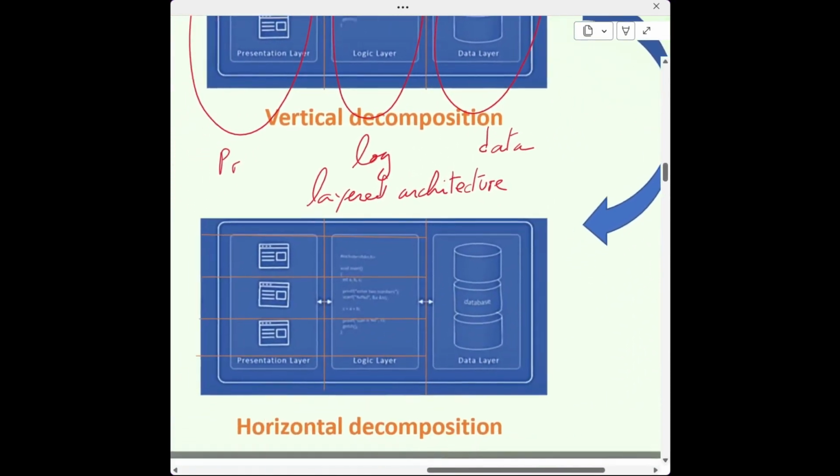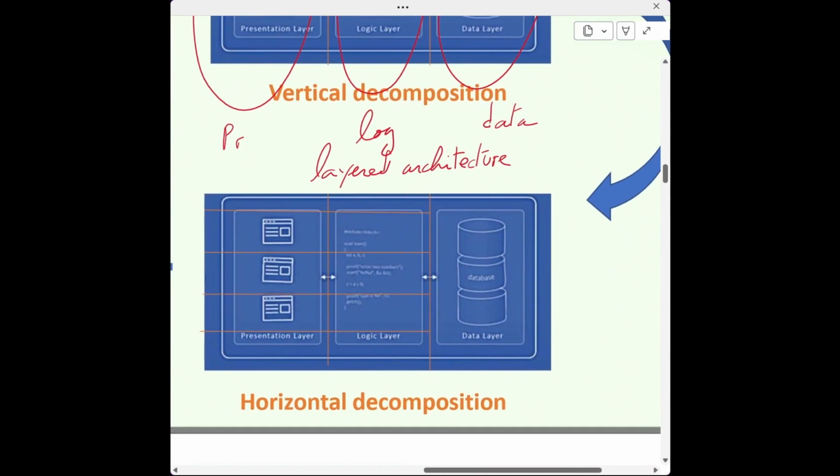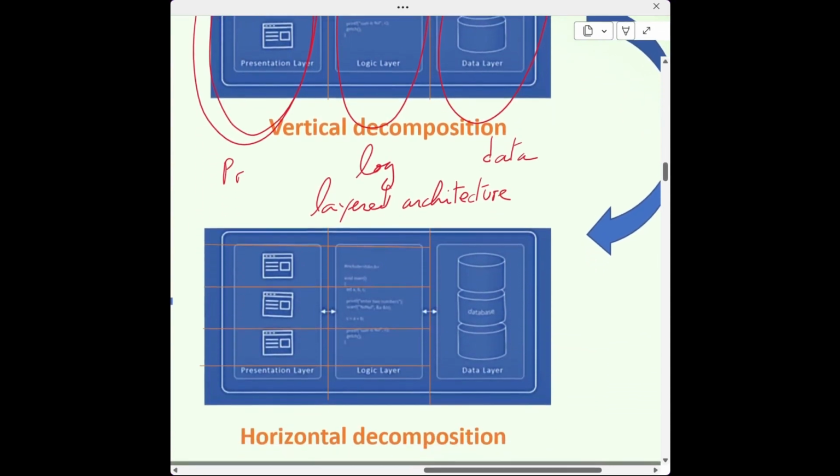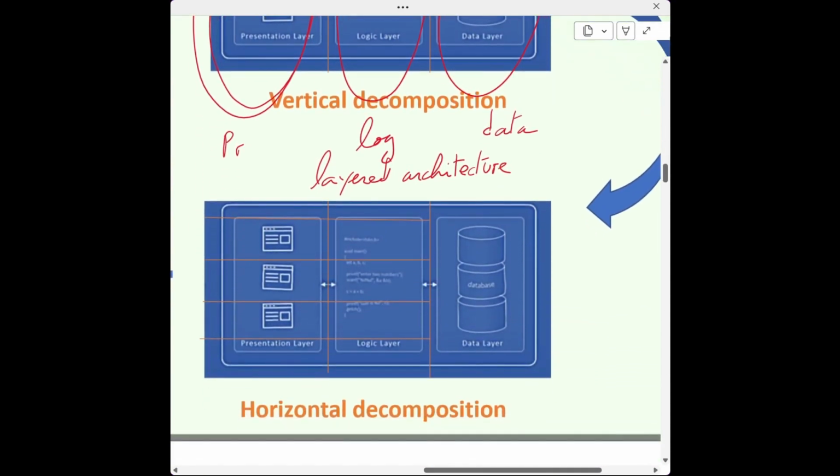After that, this, let's say, big layer was split into separate services. This is a service that contains a user interface and a service. The second part also contains one specific calculation, one service with its user interface.